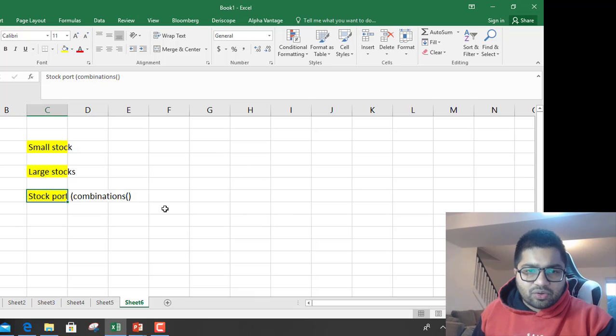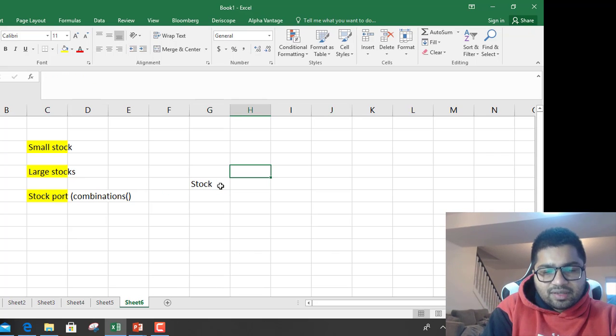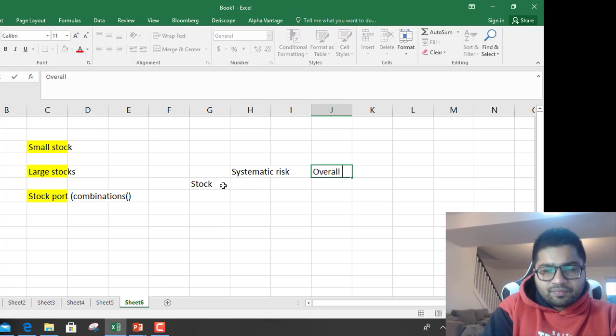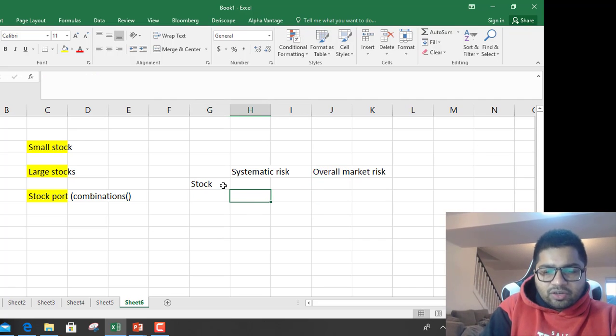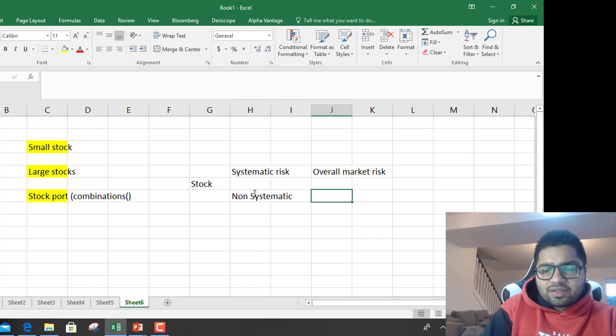Okay, this is important. So any stock investment that you do has 2 types of risk: systematic risk, okay, systematic risk means overall market risk, and non-systematic or unsystematic risk, whatever you call it, which is stock specific risk.